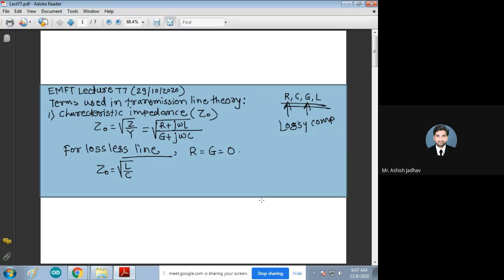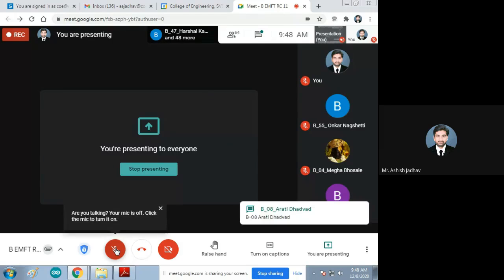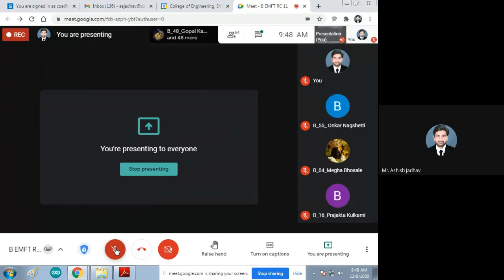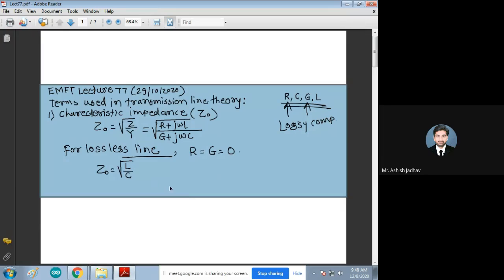What is the value of Z? Z is nothing but R plus j omega L, and the value of Y is G plus j omega C. That is why this becomes the square root of (R plus j omega L) divided by (G plus j omega C).